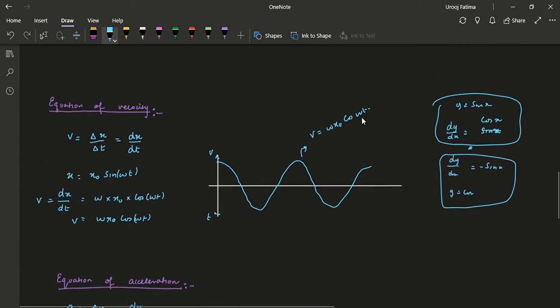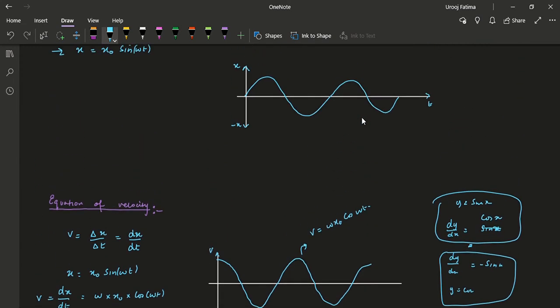Now one thing that you might realize is that within this graph, this is positive sine theta, and if this is at a certain phase, then we can say that between this graph and this graph there is a phase difference.